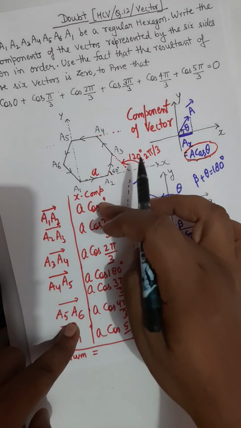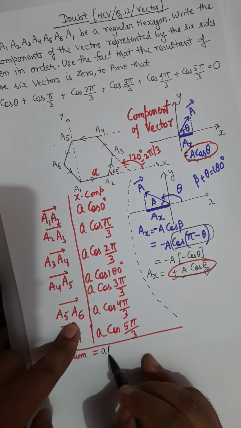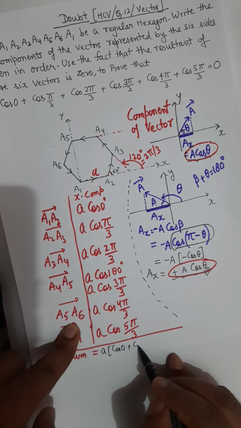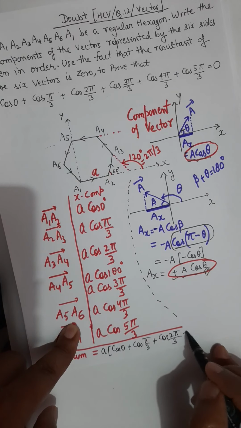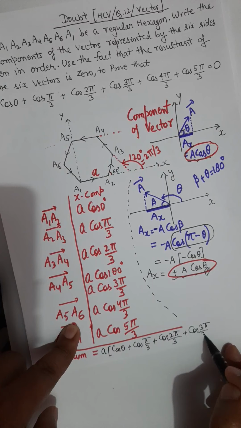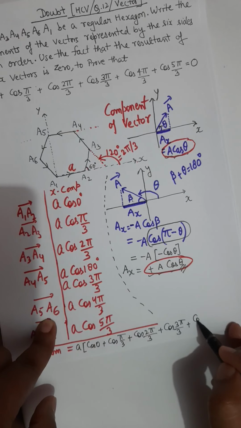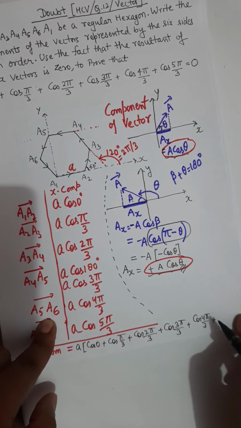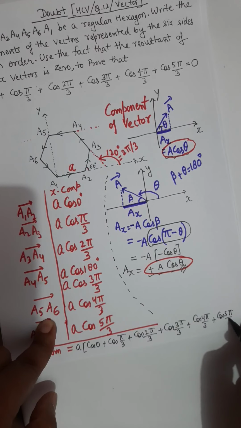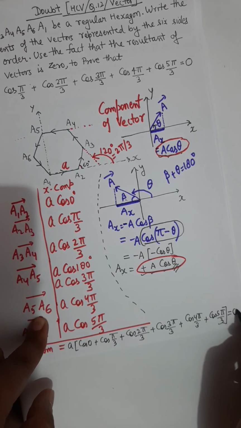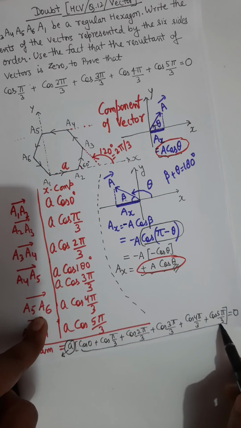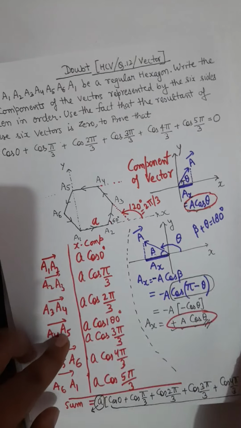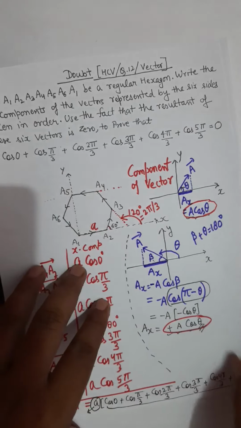If we add them, I get a, and inside the bracket I will get cos 0 plus cos pi by 3 plus cos 2 pi by 3 plus cosine of 3 pi by 3 plus cosine of 4 pi by 3 plus cosine of 5 pi by 3, and this will be 0. Since small a is the length of the vector, it cannot be 0. So the only possibility is that the term inside the bracket is 0. And this is what is required in this question.